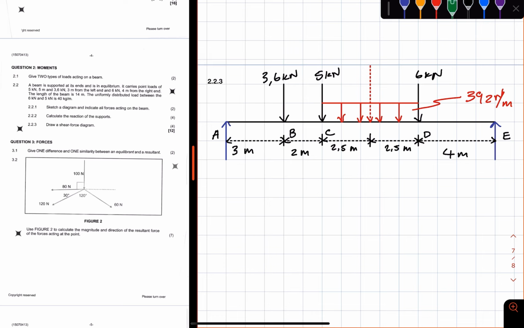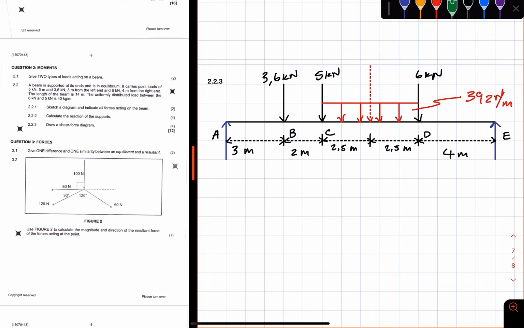So if you get to each point and there's no beam on the left of that point, you're just going to section on the right hand side of the point, right? But if you get to a point and on the left of that point there's a UDL, then you're going to section on the right hand side as well as on the left hand side of that point.